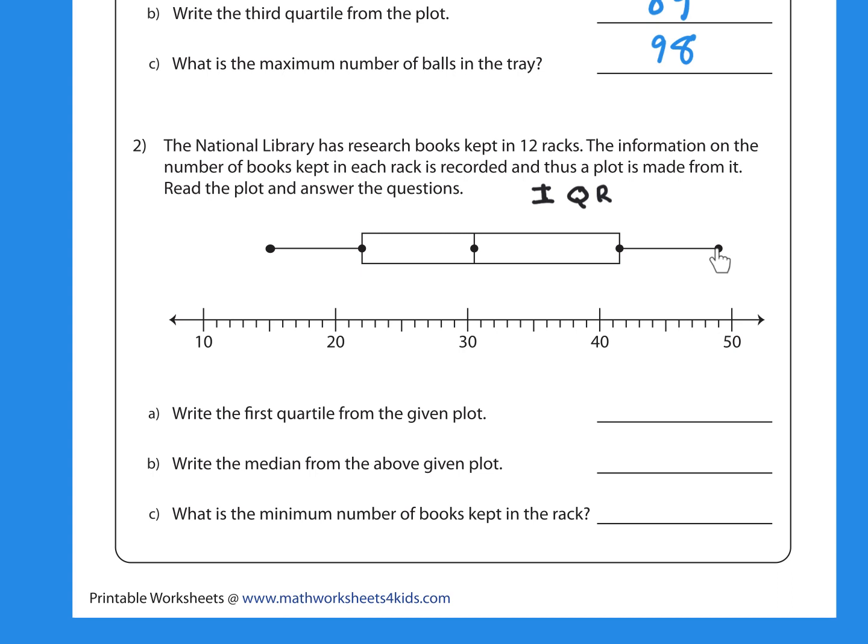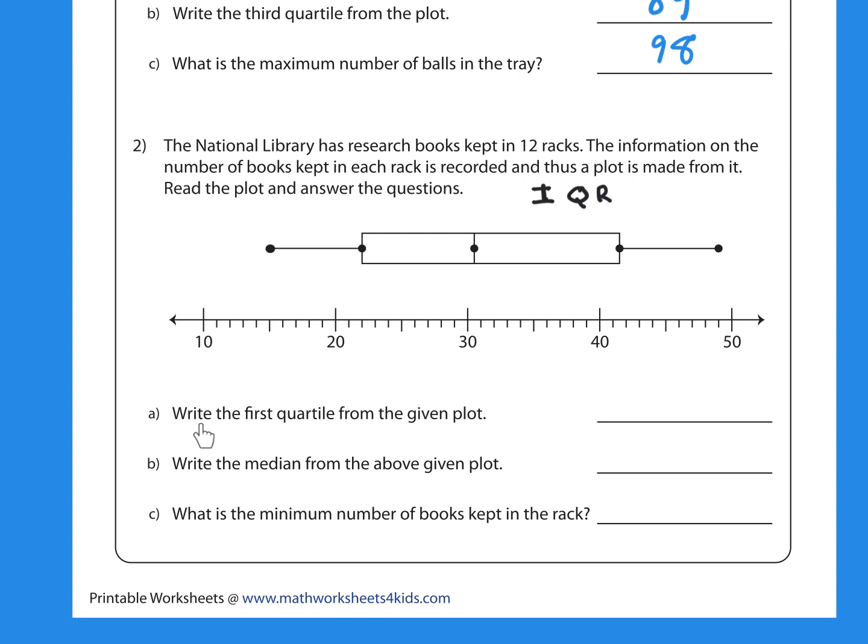The last point is known as the maximum or upper extreme. So please look at the questions below and see if you can answer them on your own. After you've given yourself some time to answer through those, please look back at the video and check your answers.